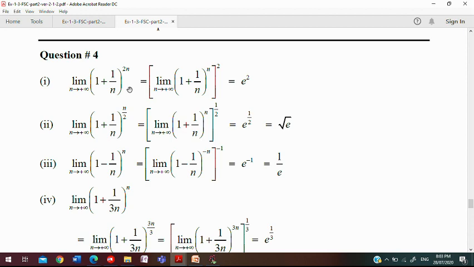The statement of our theorem was limit n approaches to infinity, (1 plus 1 by n) power n. The 2 is extra over here, so we have taken this 2 outside of this factor. It makes no difference, because when you multiply n with 2, you again get 2n.